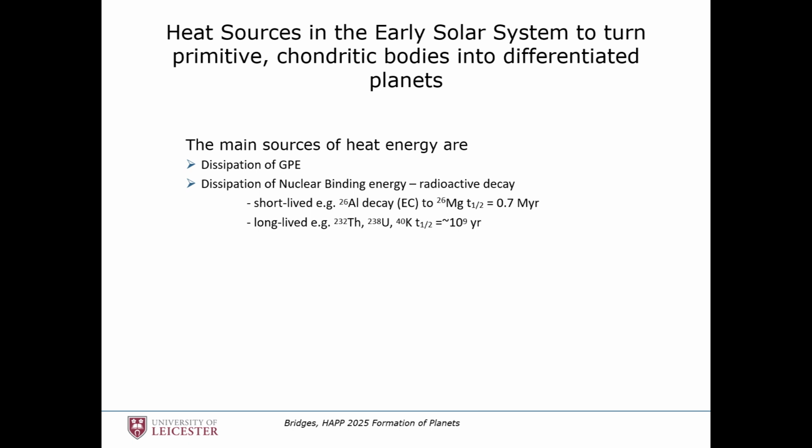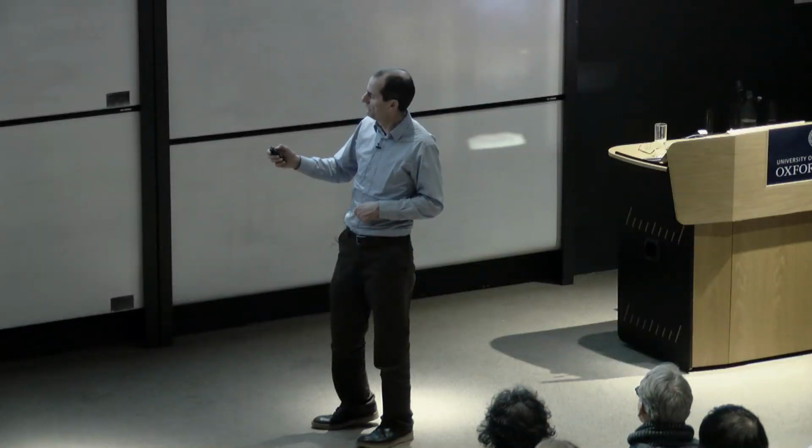That gives out so much heat, about 4 million electron volts for every decay of an aluminium-26 atom to the stable aluminium-26. And because it's relatively abundant, this is definitely a potent heat source, with a very short half-life, about 700,000 years.